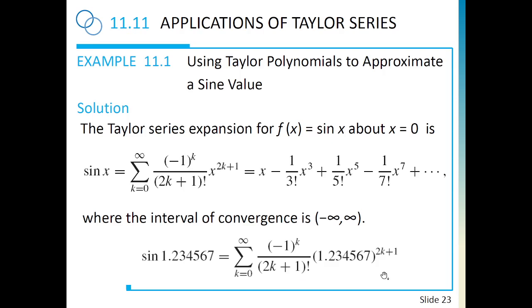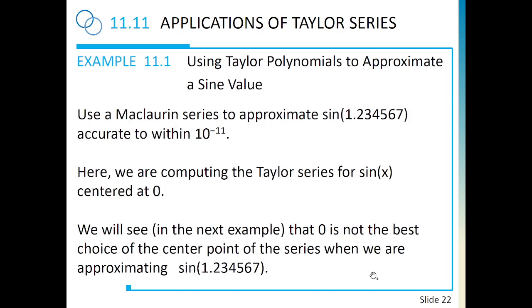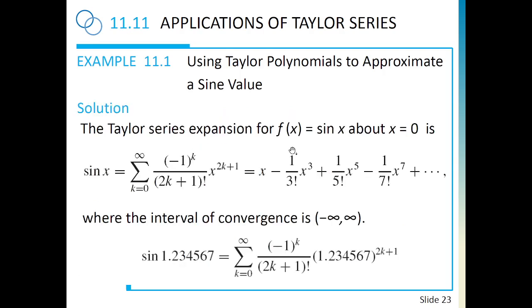Okay, so now we know that this is an alternating series, and we need to make sure that our approximation is accurate to 10 to the power minus 11. Since this is an alternating series, whenever we stop, the estimate of the error is the next neglected term. So that's the result we can use.